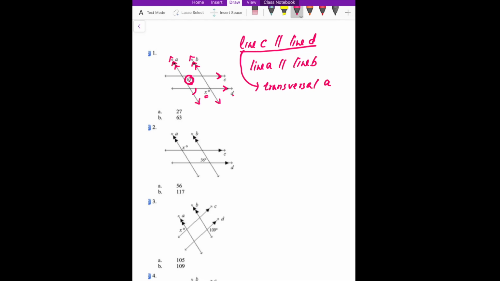Do you get that? So the corresponding angle of that is this, that is 63 degrees.